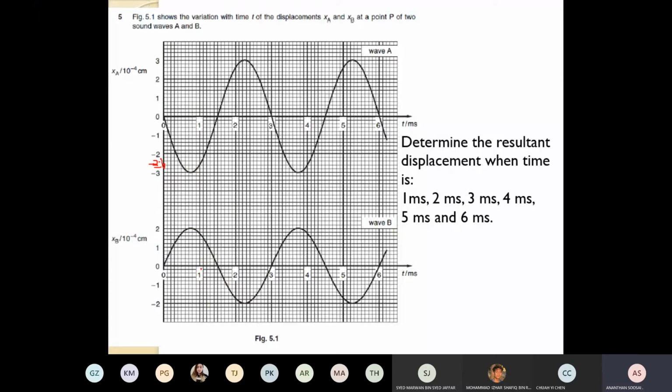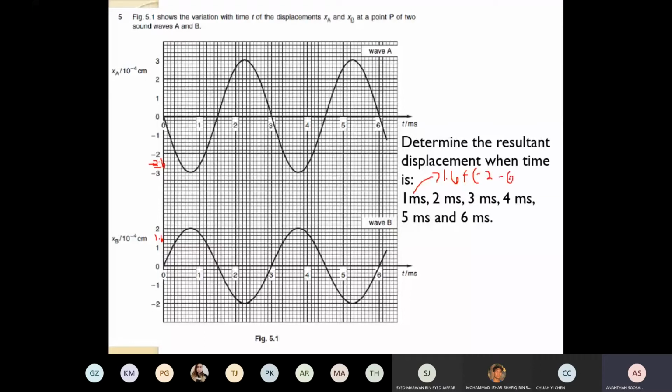And for the other wave at 1 millisecond, it's about 3 boxes above, so it's going to be like 1.6. So when the time is 1 millisecond, the displacement should be 1.6 plus negative 2.6.